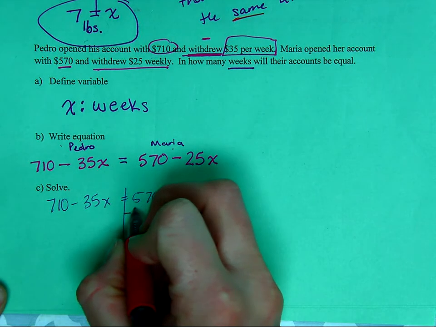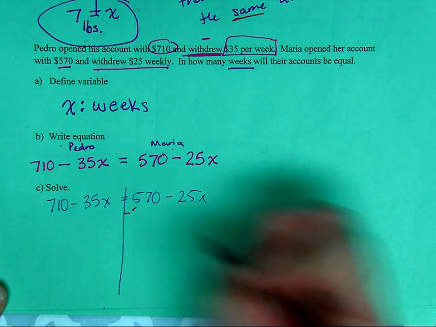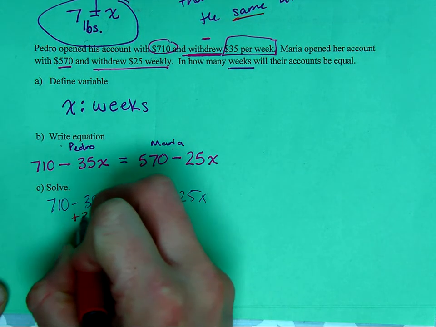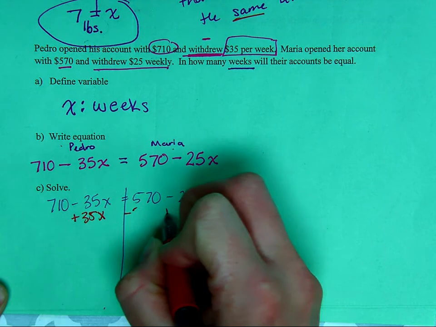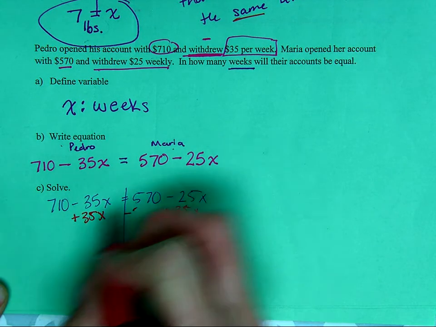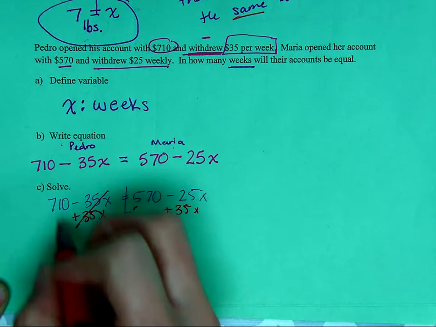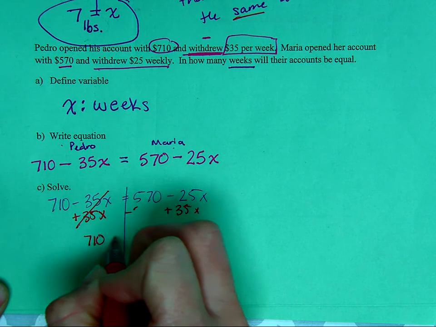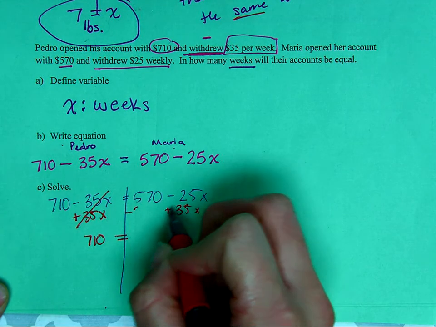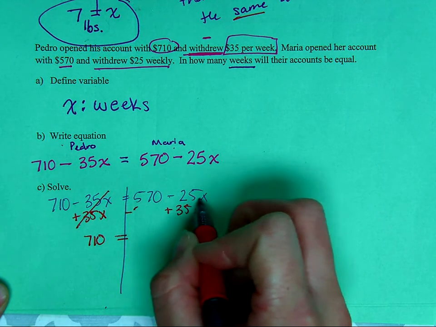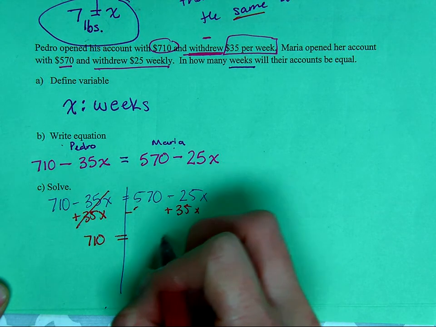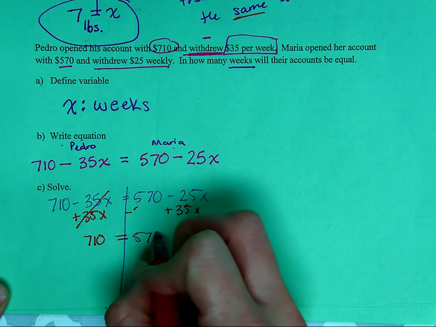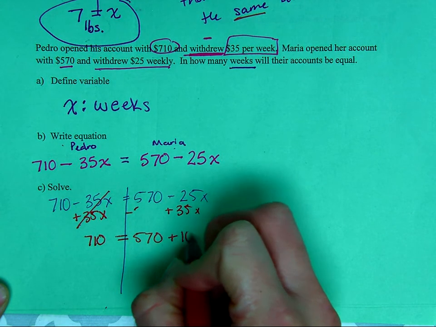I'm choosing to, well, actually, I'm going to add 35x. So I have 710 left. So remember, this is a negative 25x there because it's being subtracted. So when I add there, I'm going to get a positive 10x.